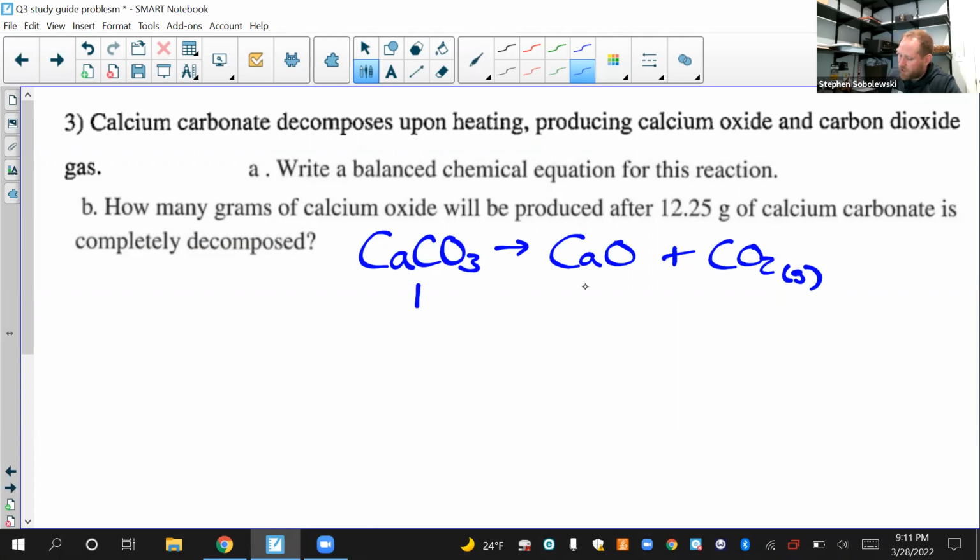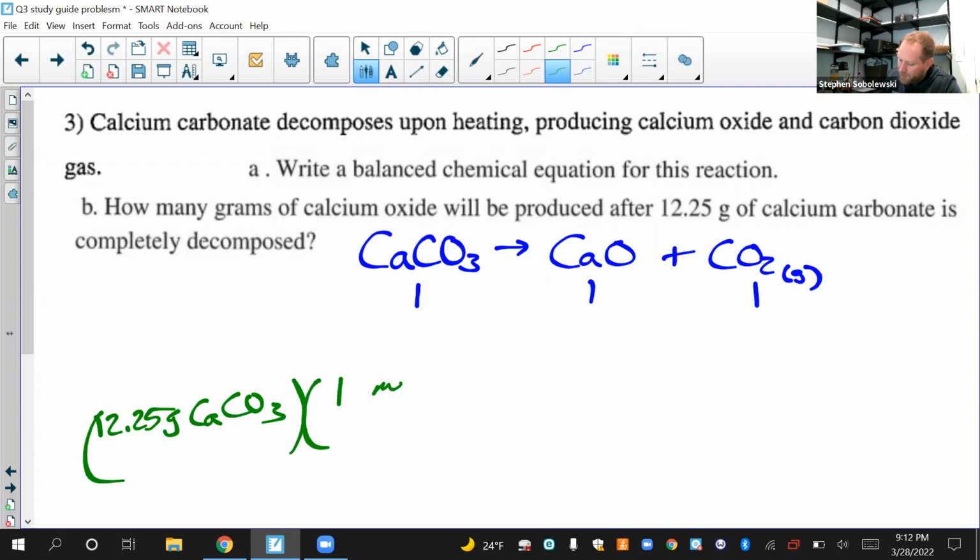I like to rewrite my coefficients underneath, 1, 1, 1. So we start by taking the grams in the problem, turning it into moles. 12.25 grams of CaCO3, we're going to multiply that by 1 mole over the molar mass, or in other words, just divide by the molar mass.